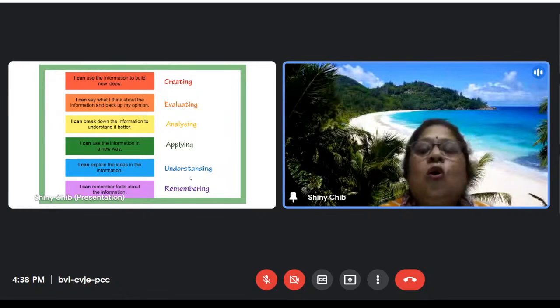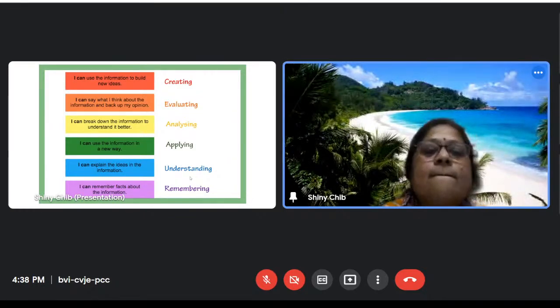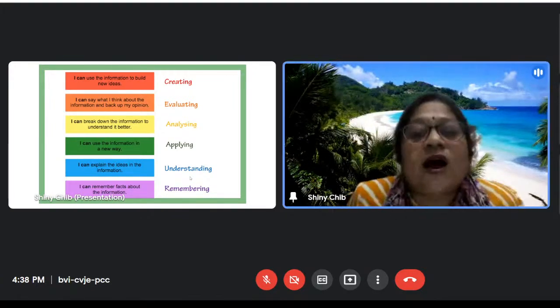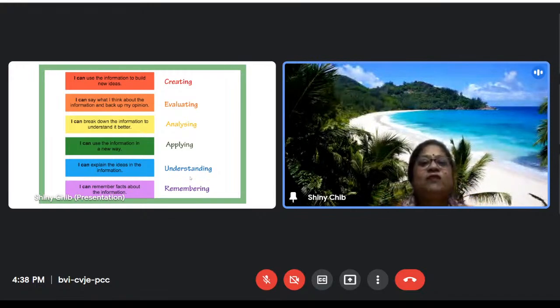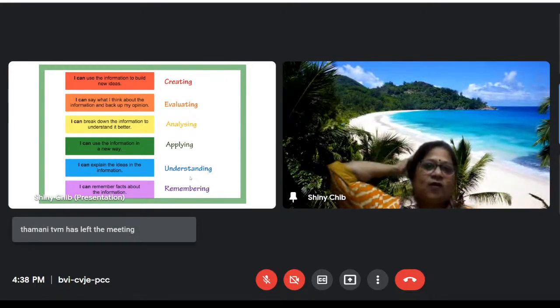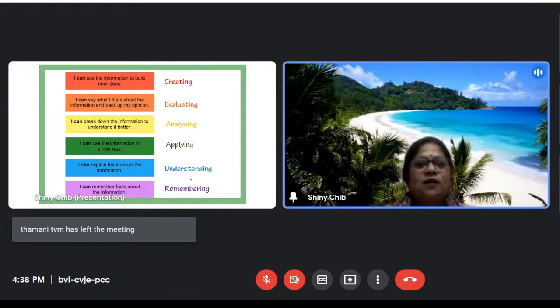So which level will it be? Creativity, creating something new. I am asking you which level it will be. It will be the 6th level.